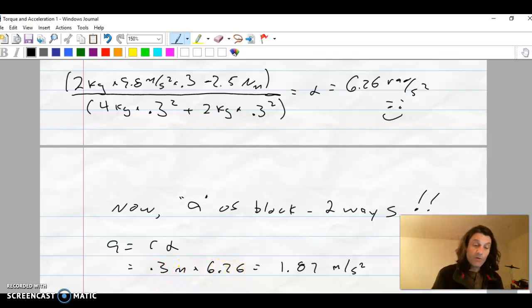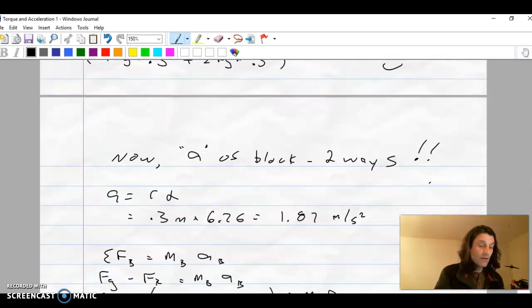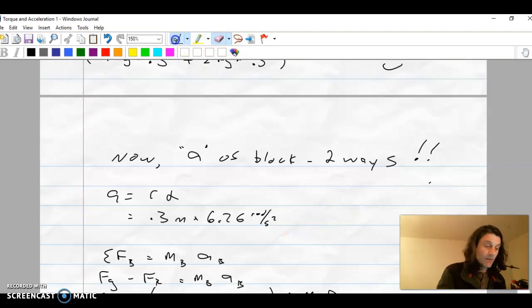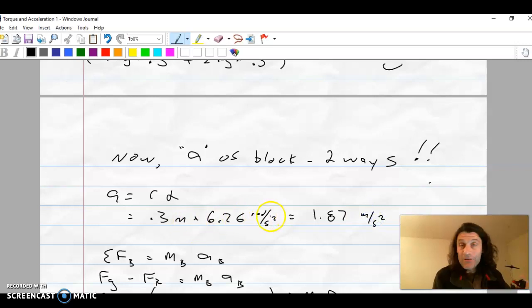The 6.26 is in radians per second squared, and it is 1.87, or 1.9-ish, in meters per second squared, because it's a meter times a radian in the numerator per second squared. So 1.9-ish, a little less than 2.